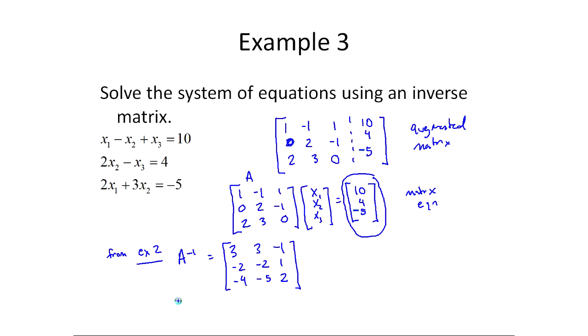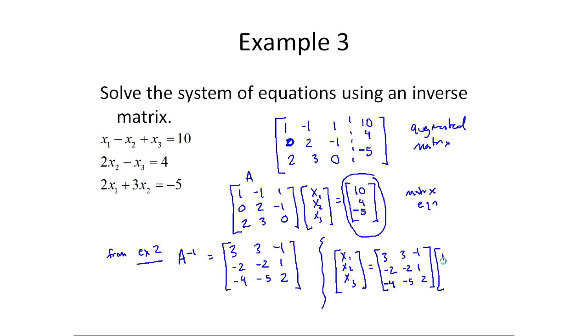Okay, so now how do we actually solve this system of equations? Well, based on the previous rule, I can say x1, x2, x3 equals this A inverse times matrix B, 10, 4, 5.